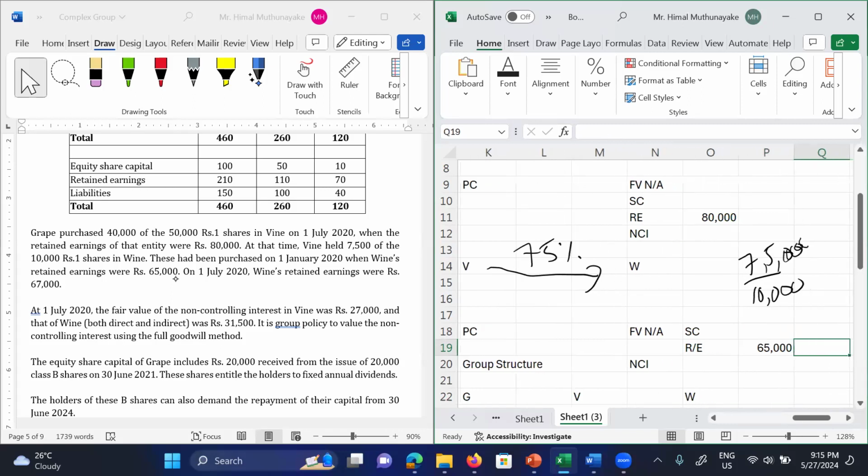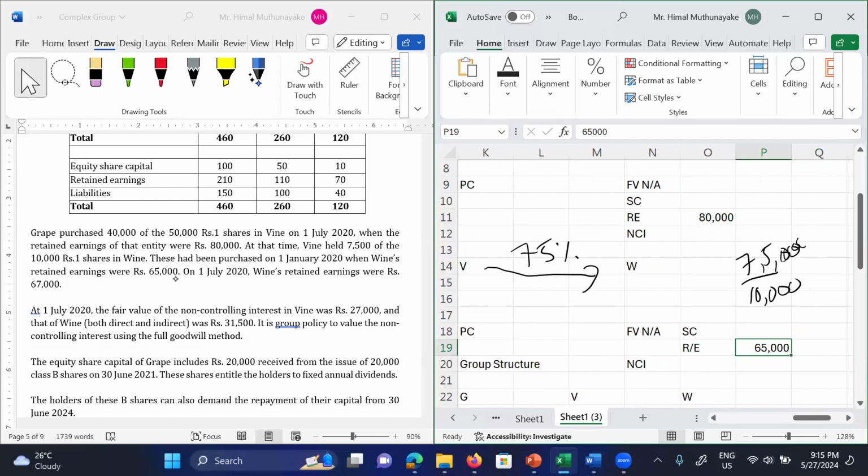So that date will be the 1st of July 2020. So we need to take not 65,000, we need to take the 67,000, right?